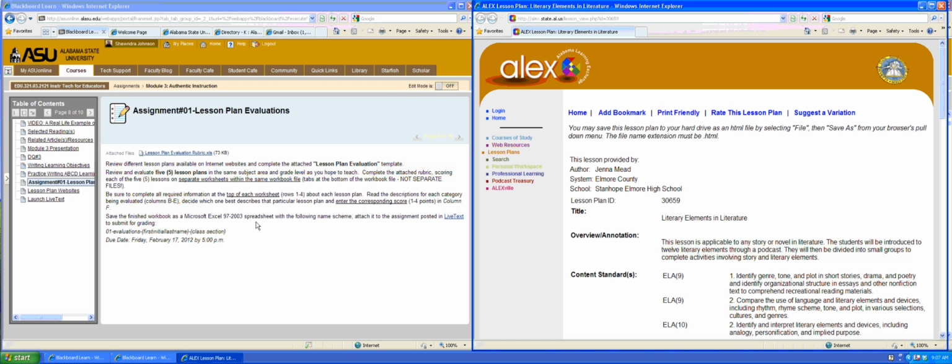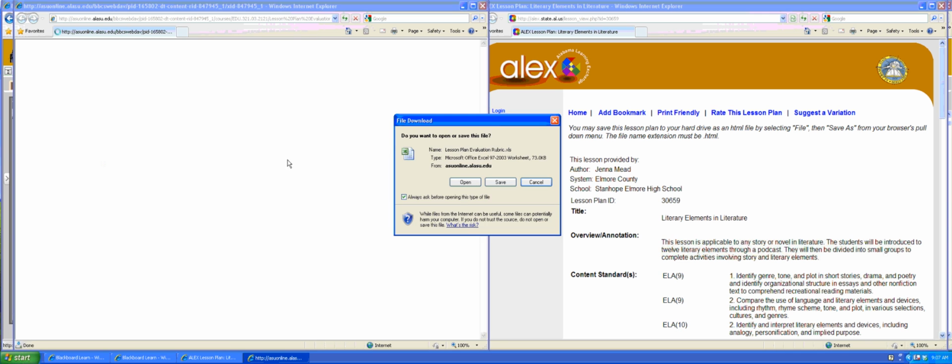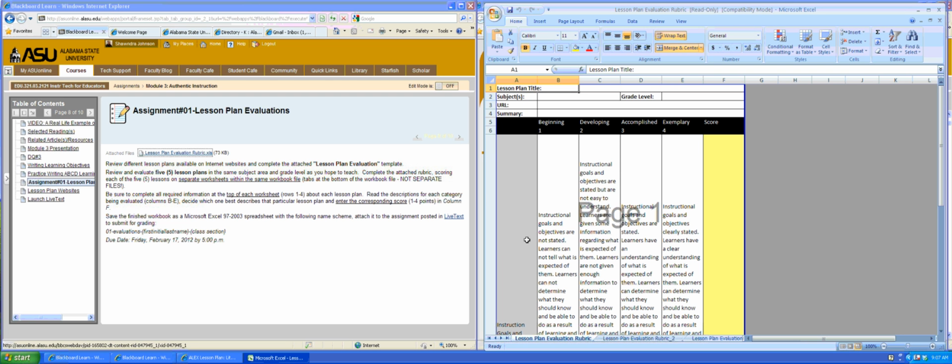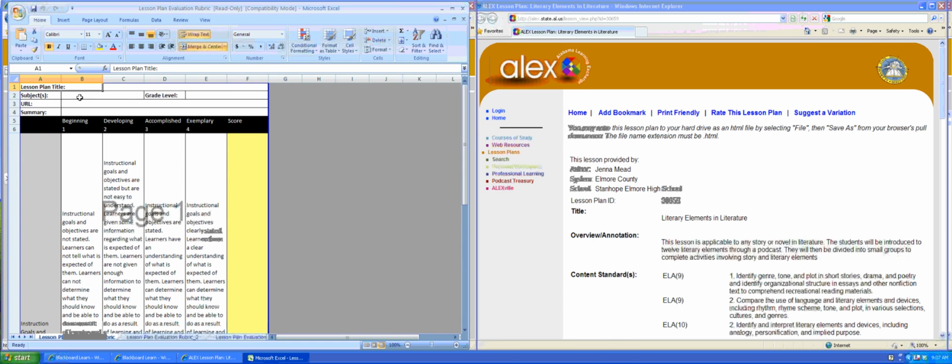Once you've reviewed the lesson plan, then you are to open the lesson plan evaluation rubric, which looks like this. And at the top, you'll see some information that you need to fill in about the lesson plan. For example, it says lesson plan title.